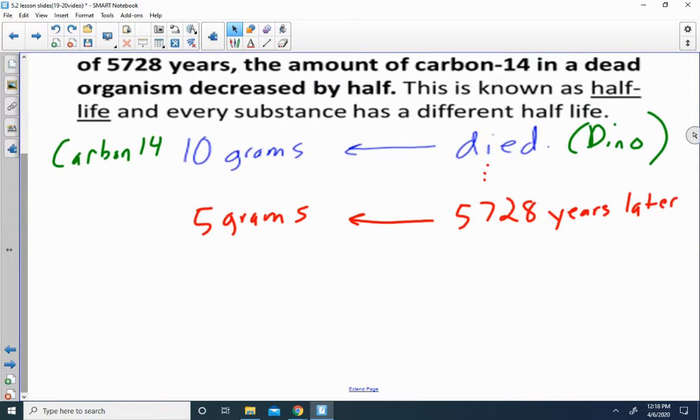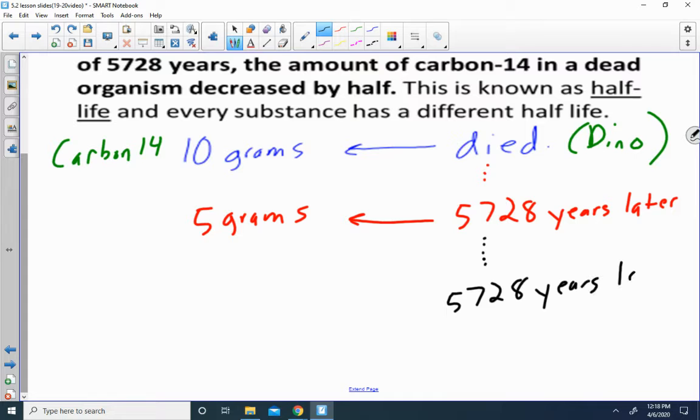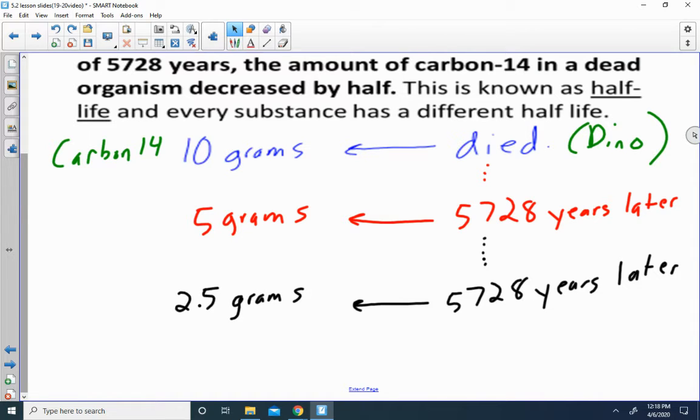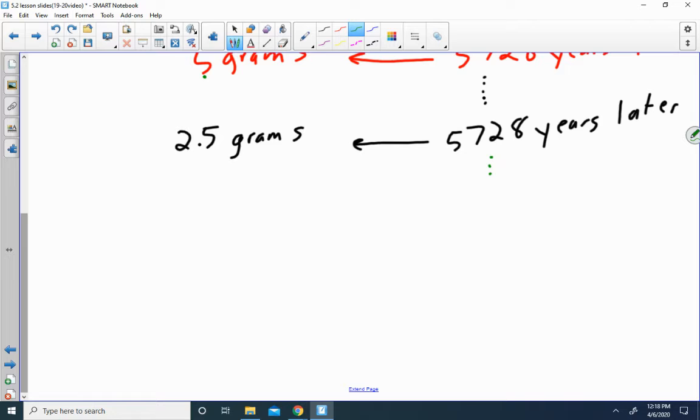But it doesn't stop there. Let's say we wait another 5,728 years, then let's see how Dino is doing. Another 5,728 years would decrease his carbon-14 down to 2.5 grams. Basically, it's taking the half of 5. And of course, the pattern would continue as well.